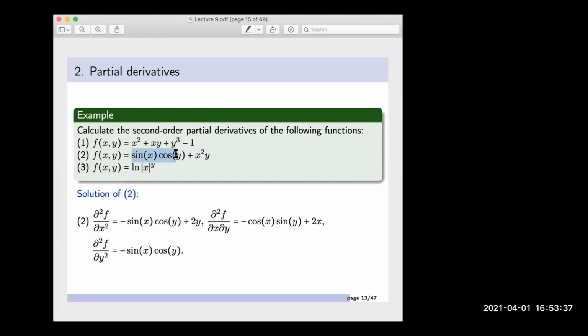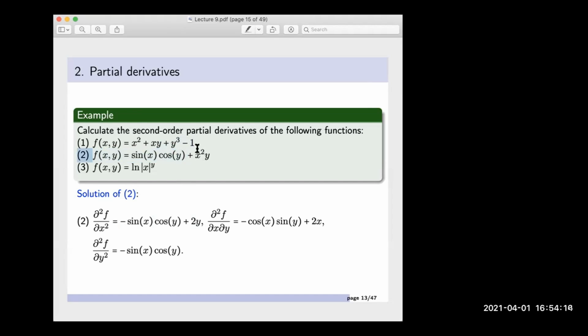For cosine x cosine y, if you take one more derivative in x, the derivative of cosine x becomes negative sine x. For the second term, if you take another derivative of 2xy, you get 2y. Every time you lose one power in x. So you get 2 times y.